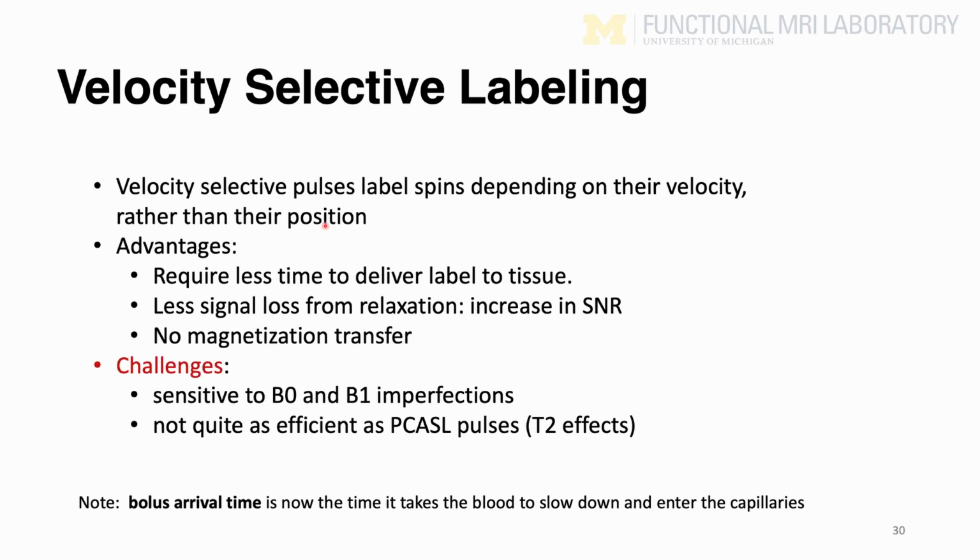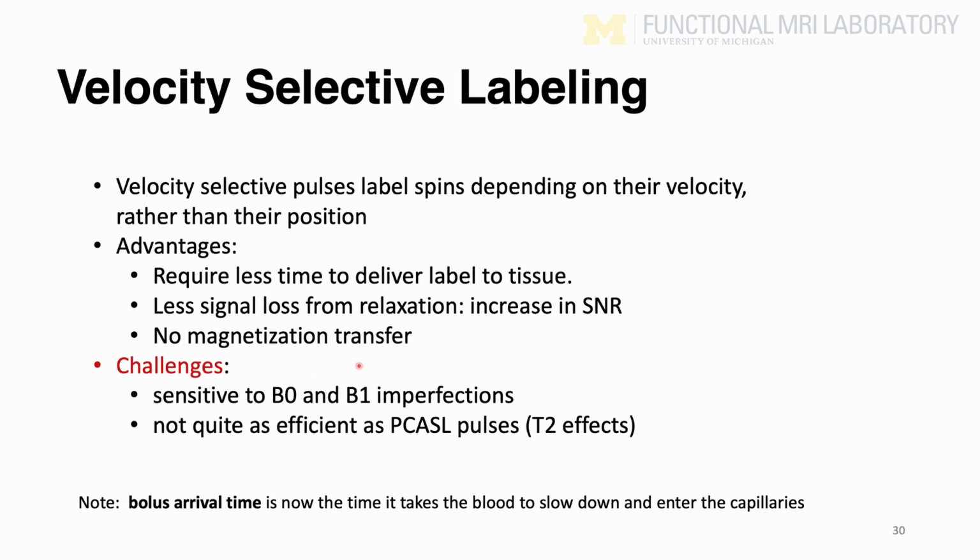This means less relaxation, less loss of the label. And these pulses are also nice because they don't exhibit any noticeable amount of magnetization transfer, so we can drop that from the models.